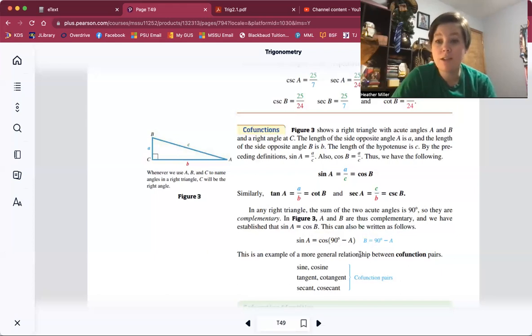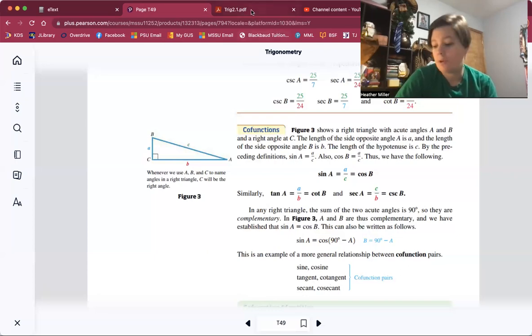This is going to be our cofunctions. This is a cofunction pair. Since it says pair and we have 6 trigonometric functions, we're going to have 3 sets of pairs. So sine and cosine get paired up, tangent and cotangent get paired up, and then secant and cosecant get paired up.